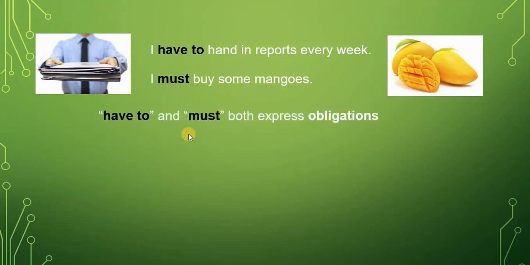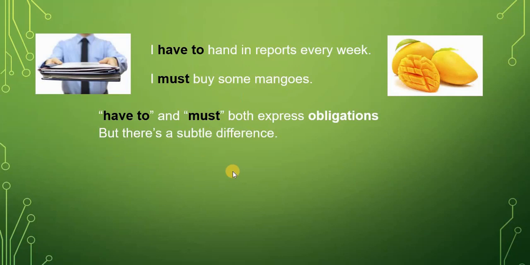Have to and must both express obligation. Alright? So the concept of obligation. There's an obligation to hand in reports every week and also an obligation to buy some mangoes. But there's a subtle difference.